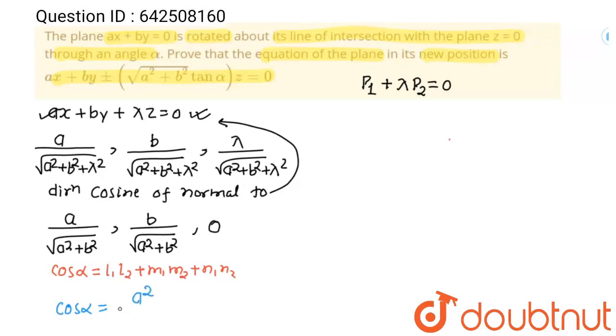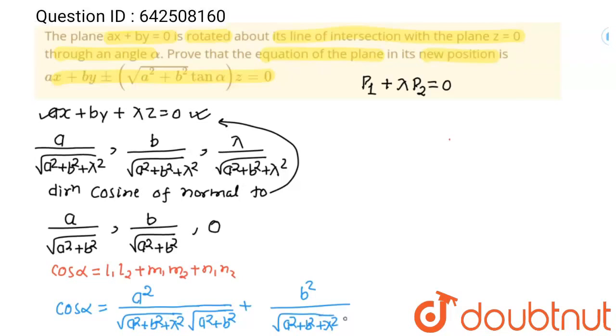So this will be a square upon root under a square plus b square plus lambda square into root under a square plus b square, plus b square upon the same denominator, and the third is going to be 0 into lambda upon this, which is 0.